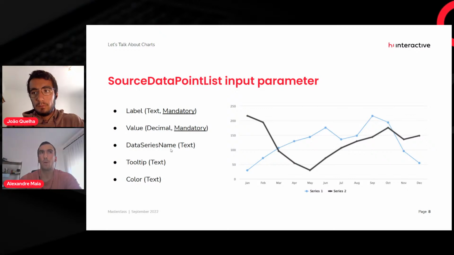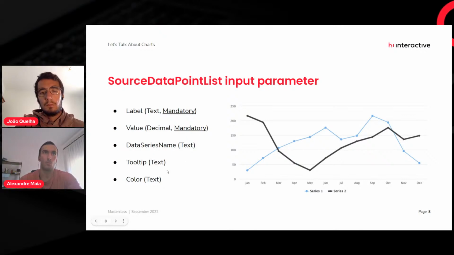So when you provide a text to this data series name attribute, you are saying that this data point corresponds to that specific series. So in this case, this data point here has the value series 1, this one also has series 1, series 1, series 1, and so on. And all the points in the black line are from series 2. So they have this attribute set as series 2.